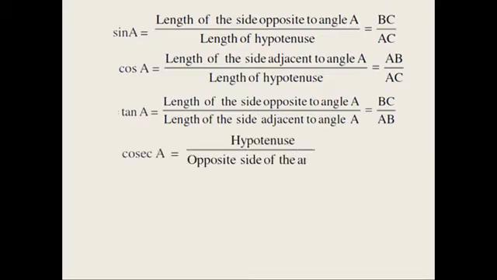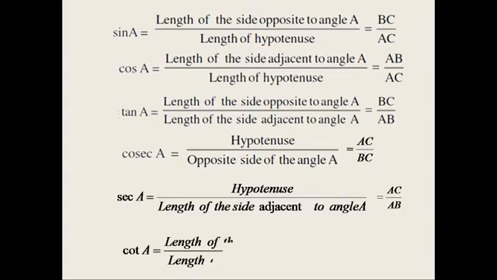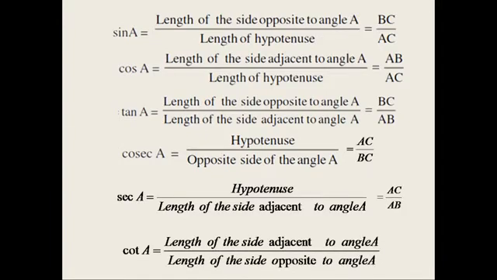Cosec A is equal to hypotenuse by the opposite side of angle A, which is AC by BC. Sec A is equal to hypotenuse by the length of the side adjacent to angle A, that is AC by AB. Cot A is equal to the length of the side adjacent to angle A by the length of the side opposite to angle A, that is AB by BC.